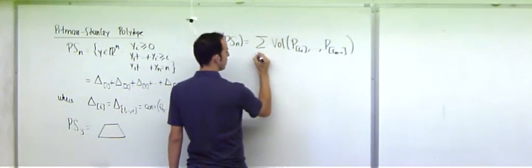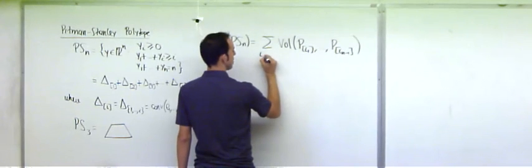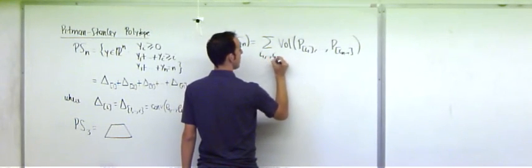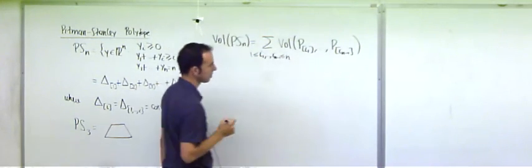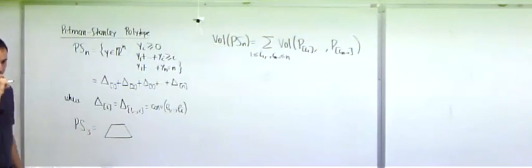So we have to sum over all n minus 1 tuples of numbers between 1 and n, all of those mixed volumes.